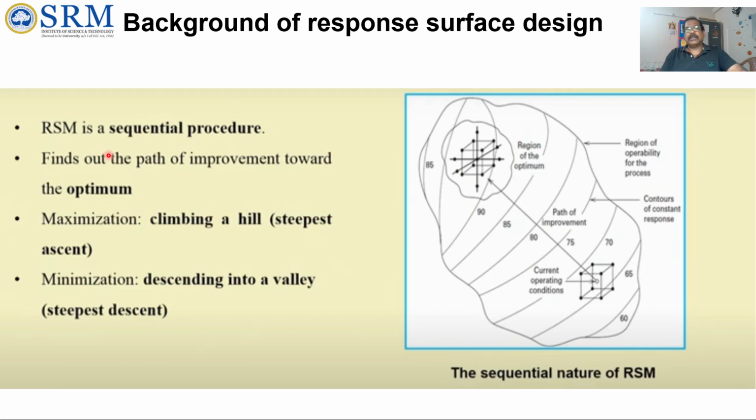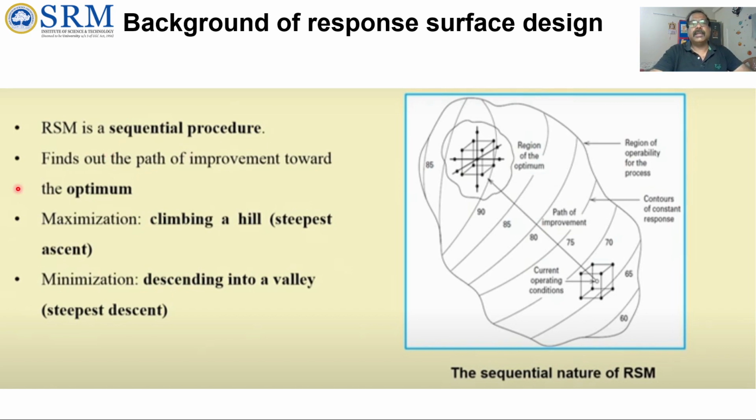Under the second order model, or under response surface methodology, it's a sequential procedure. We have to do a continuous process to obtain the optimal or better responses. RSM is a sequential procedure.